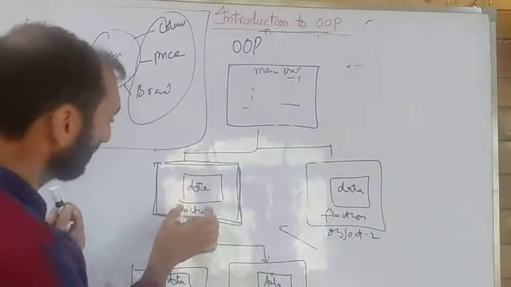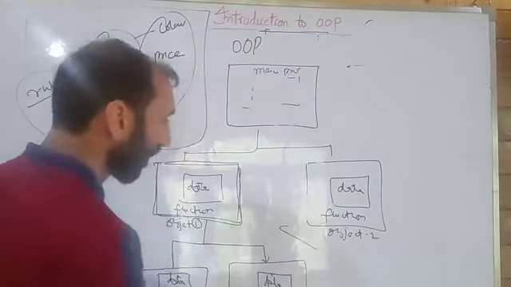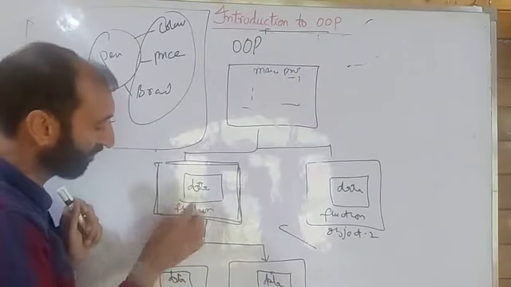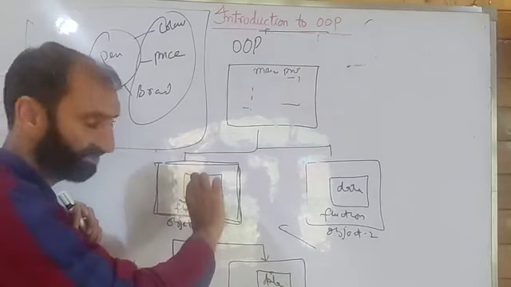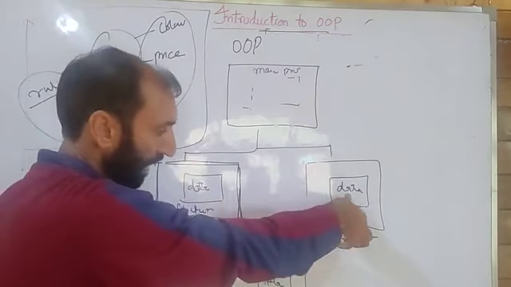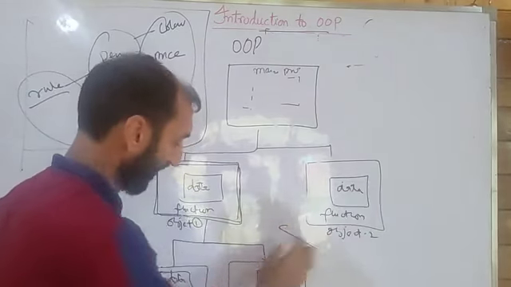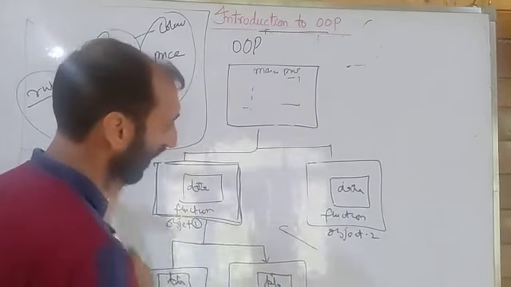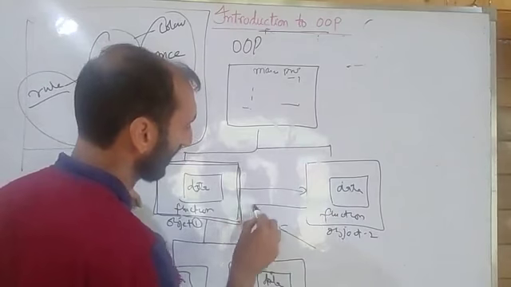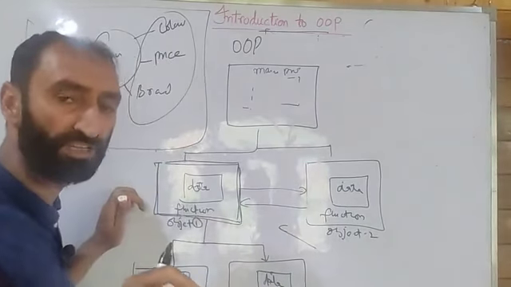So here the data does not move throughout the system, because object 1 has its own local data and functions, object 2 also has its own data and functions, and object 3 too. These objects are not interdependent on each other.